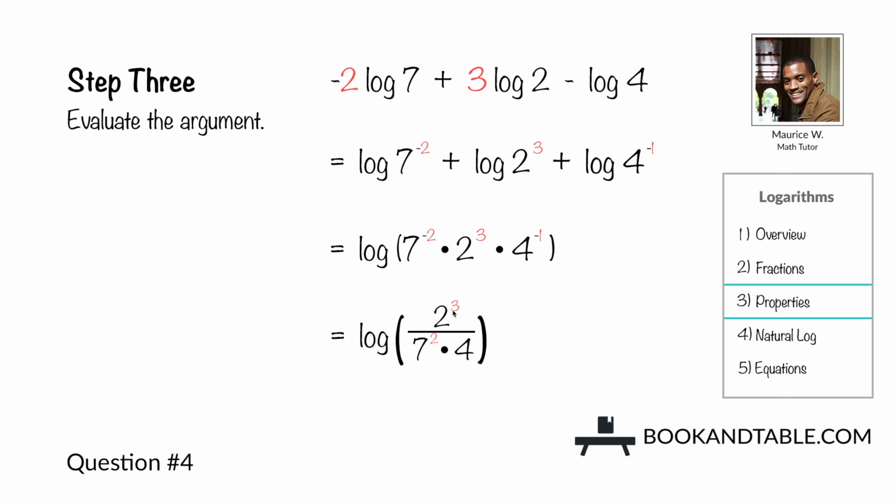And now 2 cubed is 8, and 7 squared is 49. 49 times 4 is equal to 196. And 8 divided by 196 can be simplified to 2 over 49. So this shows us that -2 log of 7 plus 3 log of 2 minus log of 4 is equal to the log of 2 divided by 49.